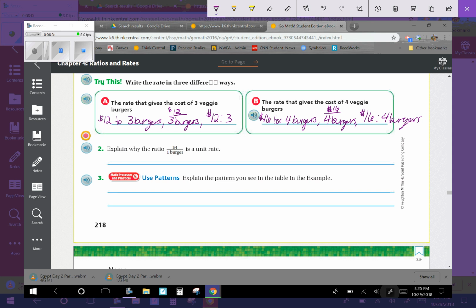So it compares dollars to burgers and shows the cost for 1 burger. Again, it compares it to 1 something. So 1 burger makes it a unit rate.